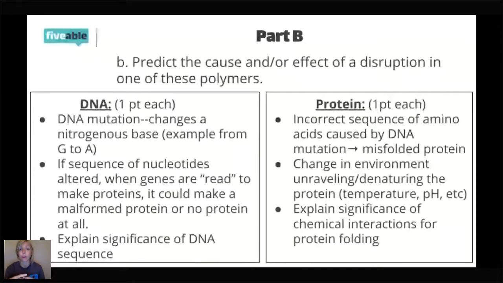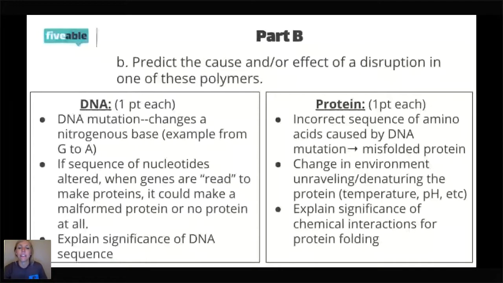You can have a perfect protein, but if the environment changes and all of a sudden the pH levels drop or rise, or the temperature drops or rises, things like that, you can have unraveling, you can have denaturing, or you can have permanent degradation of the protein itself. So those are 2 avenues. And again, if you mention one of them, you wouldn't have to mention the other.